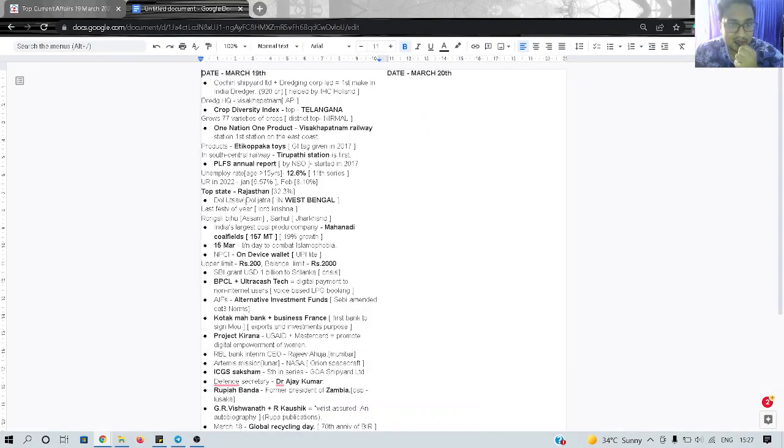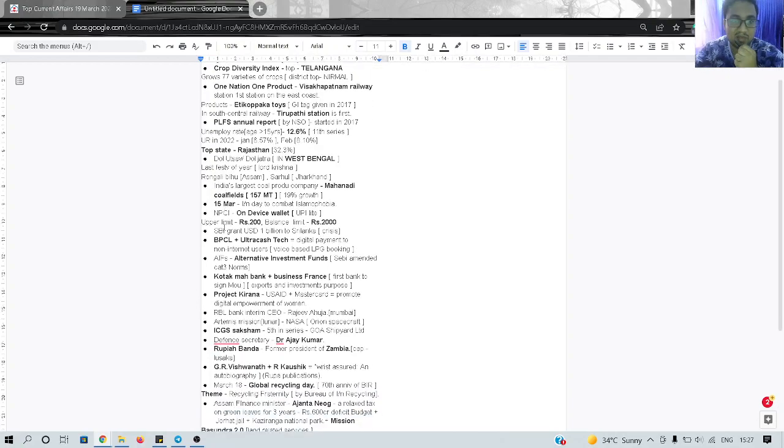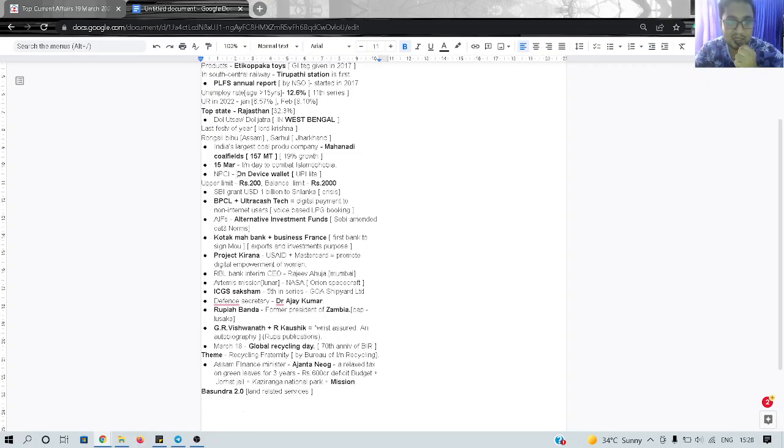So here, see, Dol Utsav in West Bengal, the last festival of the year in West Bengal, and also Rongali Bihu in Assam is called a spring season festival, and Sarhul in Jharkhand is also called a spring season festival. So remember like that, you have to make small notes. NPCI released a developed on-device wallet: what is the upper limit, what is the total balance limit at any point? You have to make simple notes. You have to write the static part.